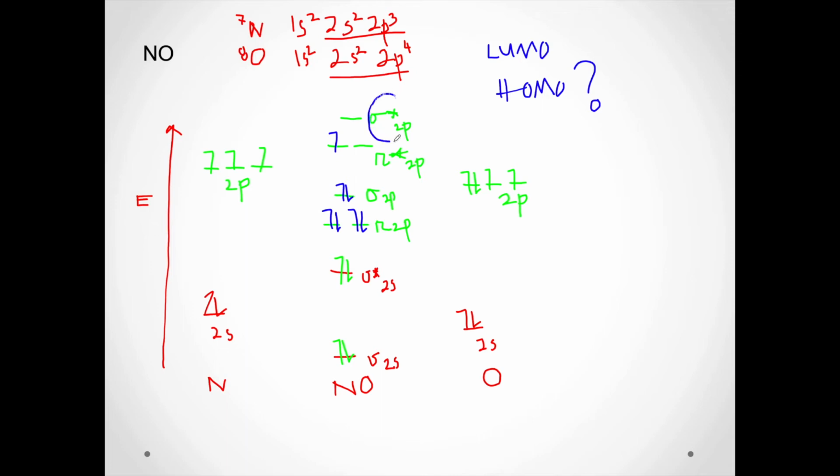Sigma star 2p. This is your LUMO. While where is your highest occupied molecular orbital? This is your HOMO.